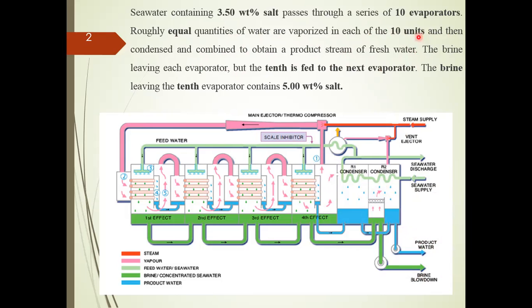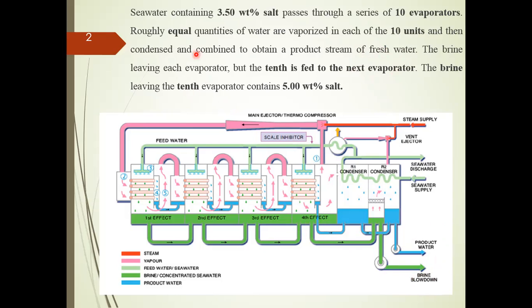The brine, which is our concentrated solution of salt, leaving each evaporator but the 10th is fed to the next evaporator. The brine we are recovering may contain some moisture, so we have to treat it again and again in this evaporation process so that we may get 100% dry brine, which contains very little moisture.